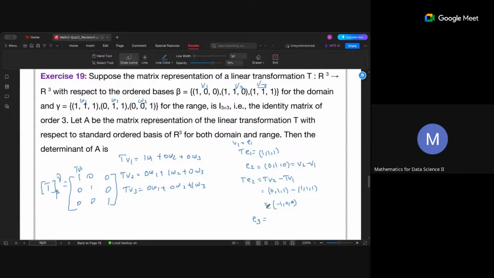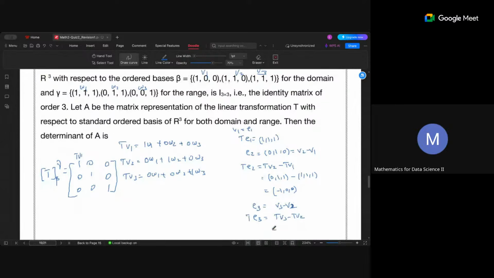Okay? So same way, how can we get E3? Can someone quickly say that? Ma'am, V3 minus V2. E3 is V3 minus V2. So what is TE3 in that case? Ma'am, TV3 minus TV2.